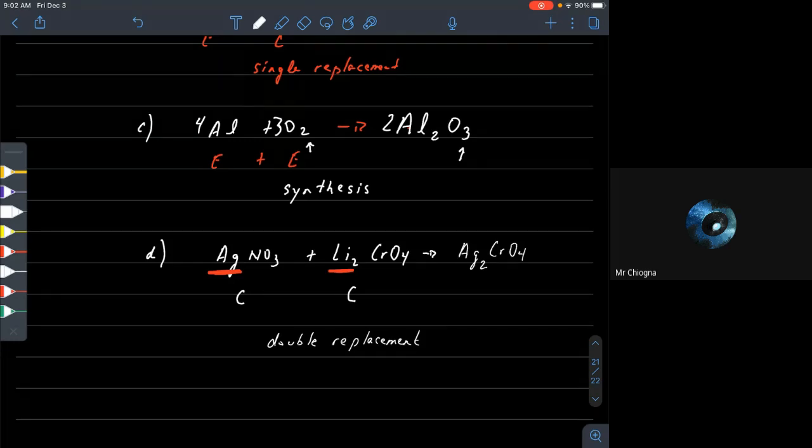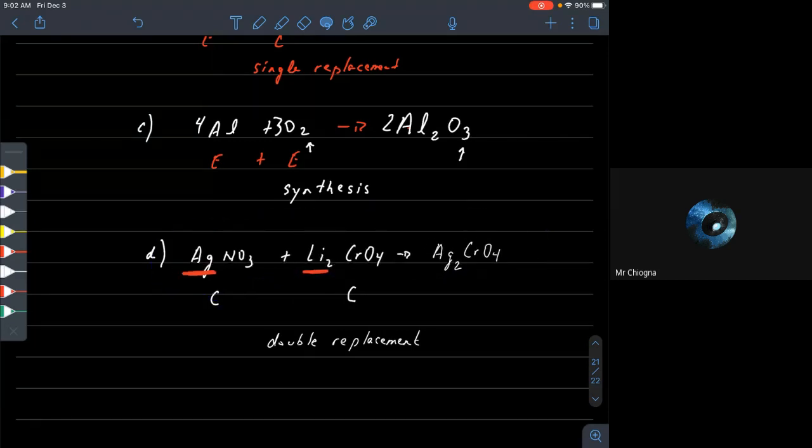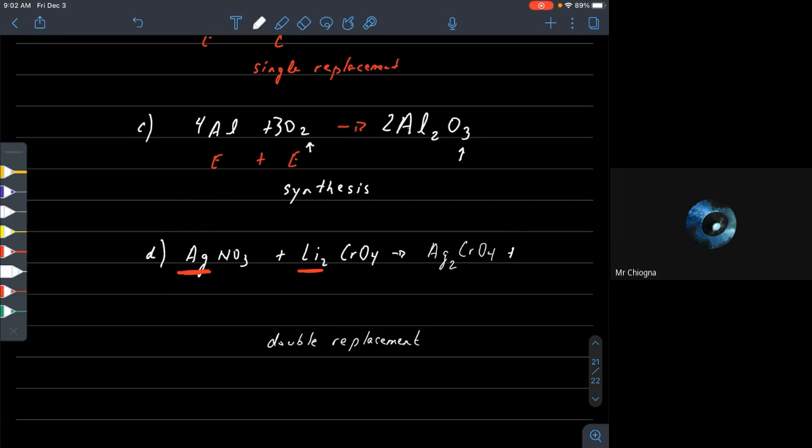Yeah. Good. I'm going to move this over. I don't have enough room. Plus, again, the lithium is going to trade places with the silver to give lithium nitrate.